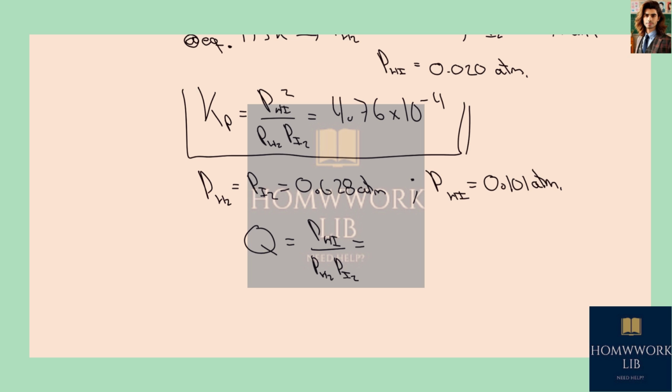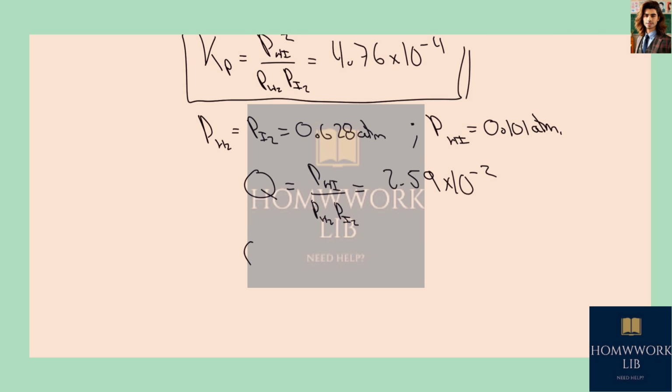So in this case, the result is going to be 2.59 times 10 to the minus 2. As you can see, clearly, the value for Q is larger than the value for Kp. Thus, that means that the reaction will go to reagents.